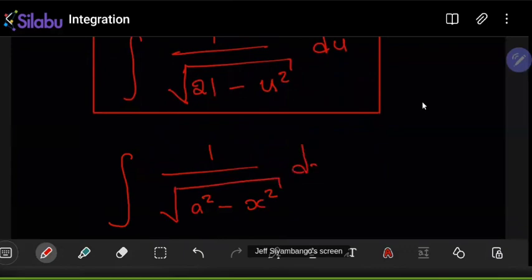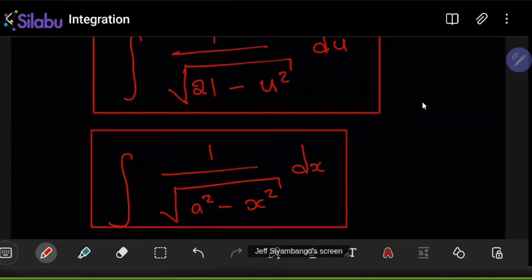We said if this is what you have, then a sine substitution works. That one we saw very well. So the only thing we're seeing here is instead of x, we have u. And our a here is this 21. So we just have to find a way of writing this 21 as something to the power 2.